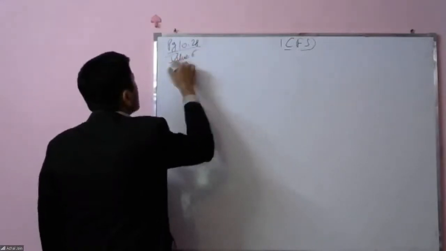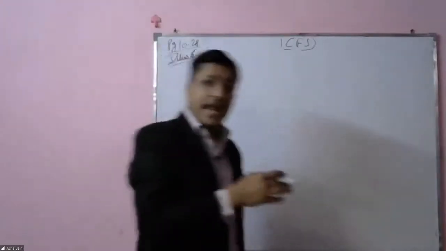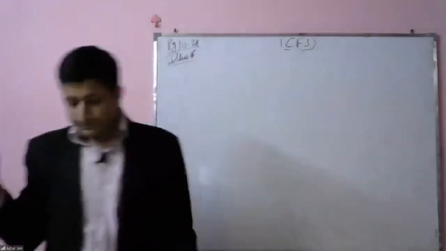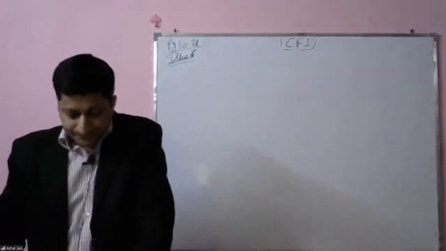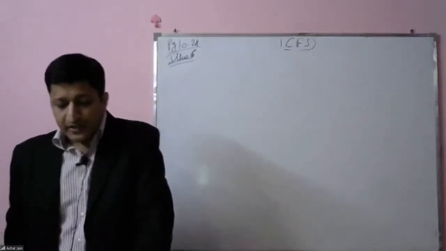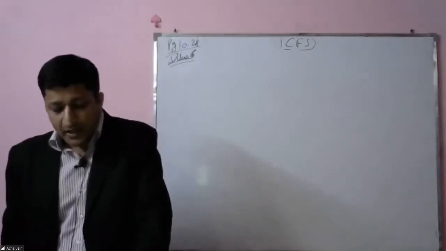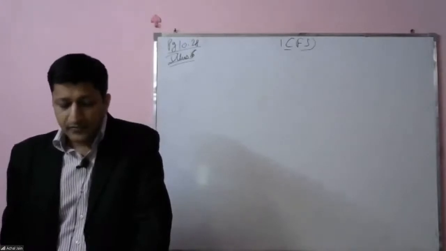Illustration number 6. You remember around balance sheet we discussed that we need to simply add all the line items. So let's read this. From the balance sheet, prepare consolidated balance sheet of Virat and Anushka Limited as at 31st March.